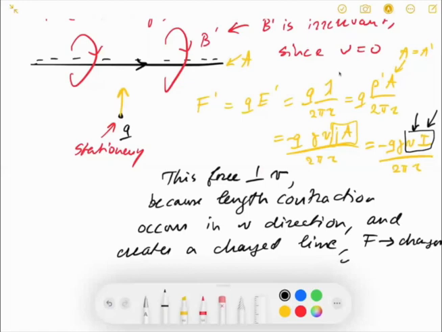So that's why it goes in a direction that is perpendicular to the motion.